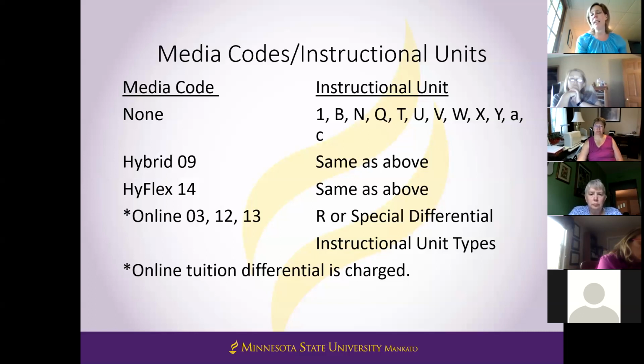However, if you are in a specialized program that charges differential tuition for something else, like MBA, like social work, then if there's an online tuition differential that needs to be charged, that would get charged in a different way and on top of what the additional tuition differential already is. So we would want you to continue to code with your special differential tuition instructional unit that you've always used. And then Twyla behind the scenes will add on the additional online tuition differential that goes along with online learning.